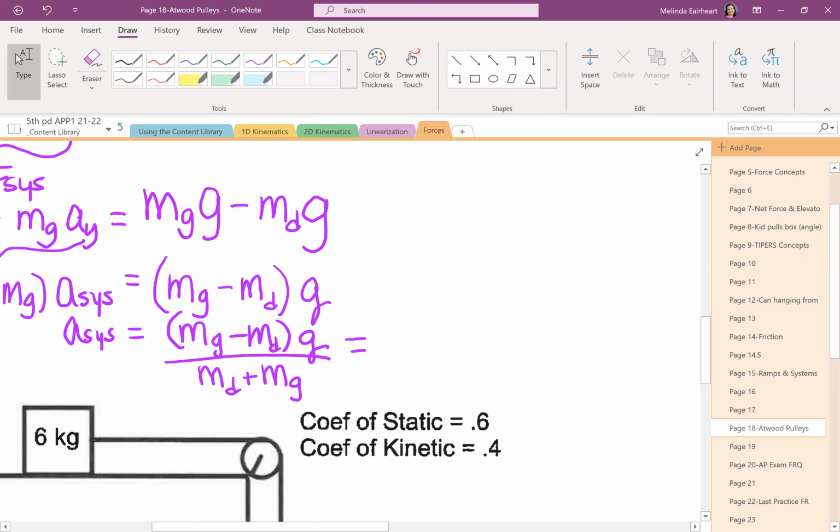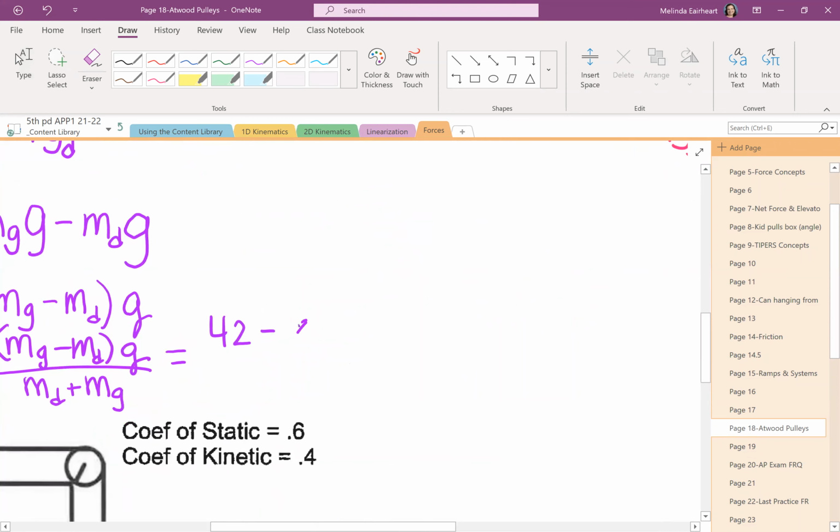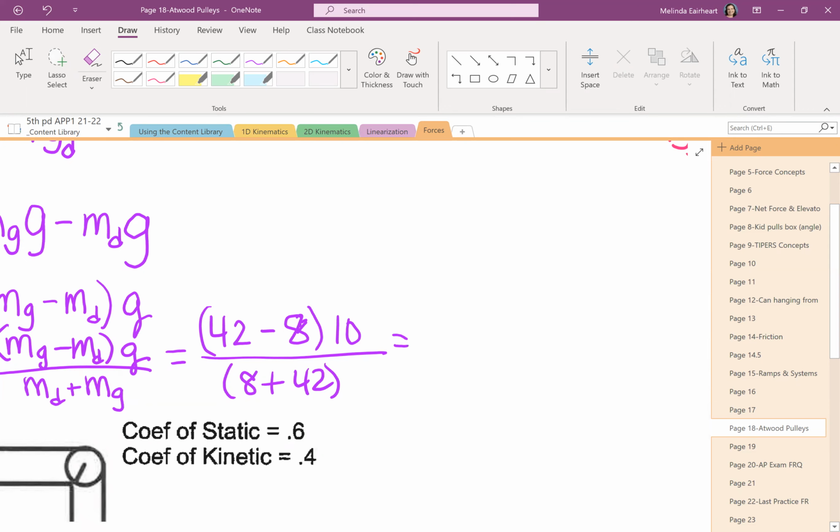Okay, let's plug it in. They said the gazelle was 42 kilograms, and then the duck, I think, was 7. Is that right? Or 6? 8, gosh. 8. Divided by the sum, and it doesn't matter which one you write first. And so 42 minus 8 is 34 times 10.